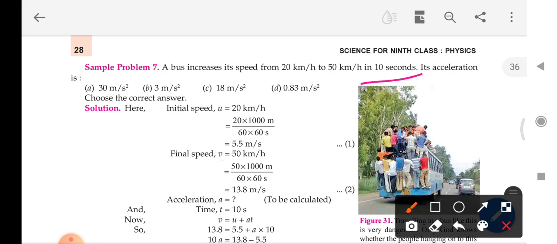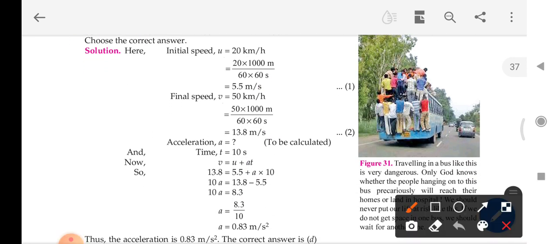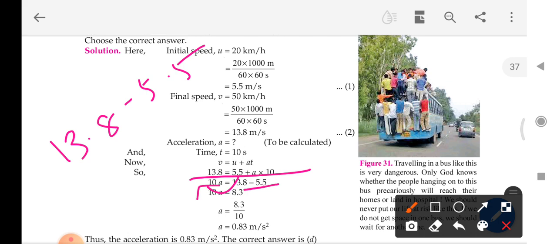So you know the first equation of motion, v equal to u plus at. Here the value of v is 13.8, value of u is 5.5 and a into 10. See here, when the 5.5 is transposed to the left hand side, 13.8 minus 5.5 equal to a into 10, 10a.